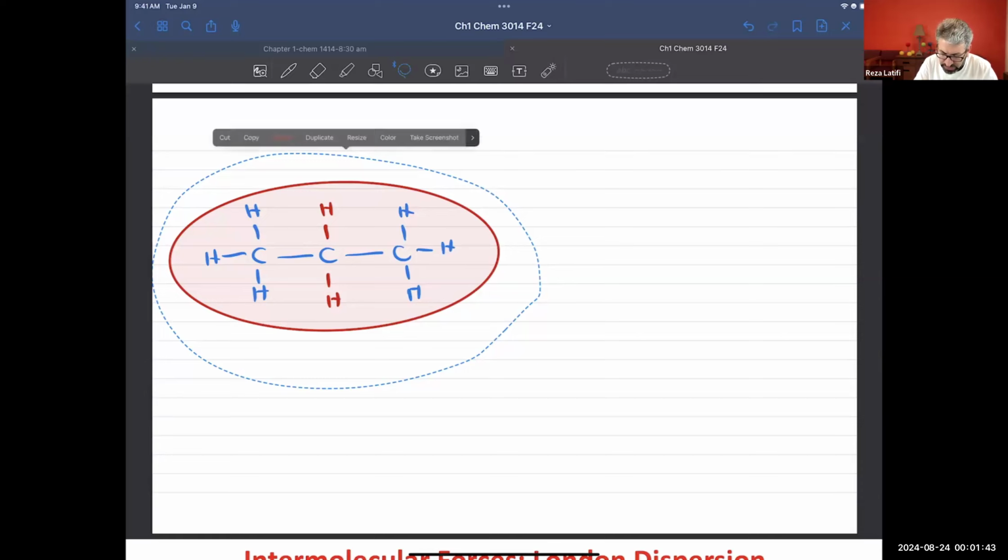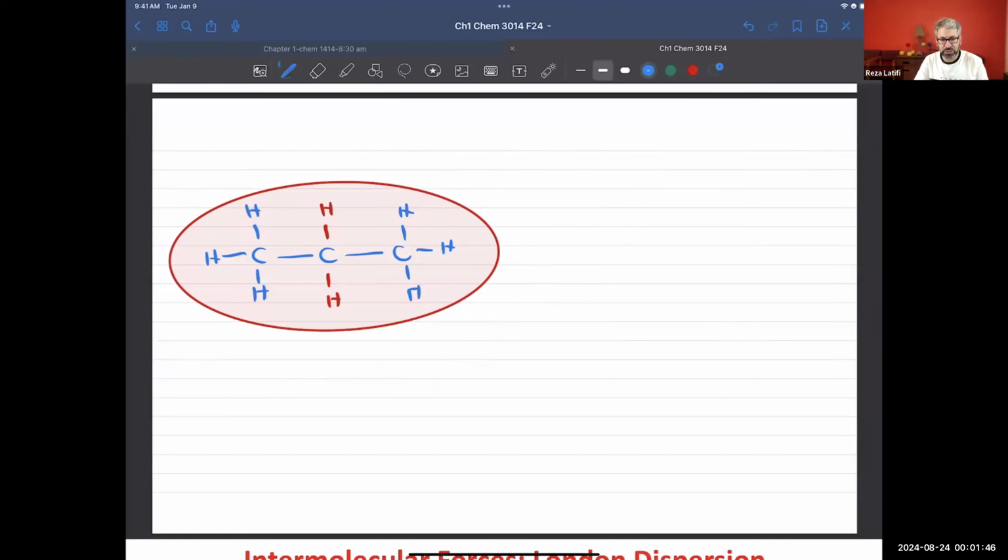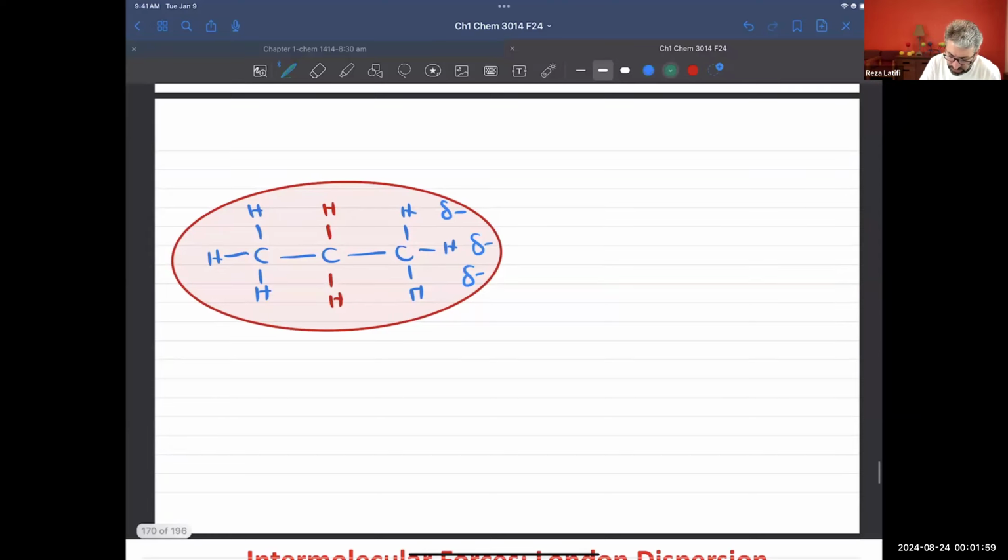So I got an uneven distribution of electrons. Let's say we got negative charges here, which means the electrons happen to be on the right side. So what will happen on the left side? I'm going to have some positive charges. So here I got negative charges, and there we got positive charges.